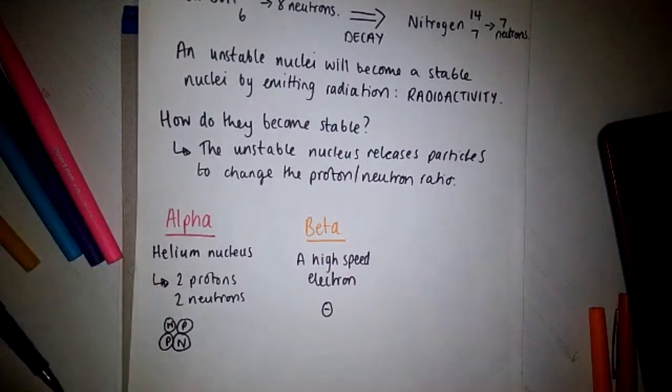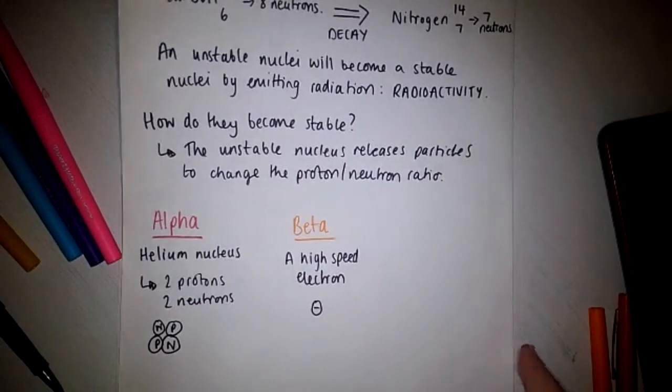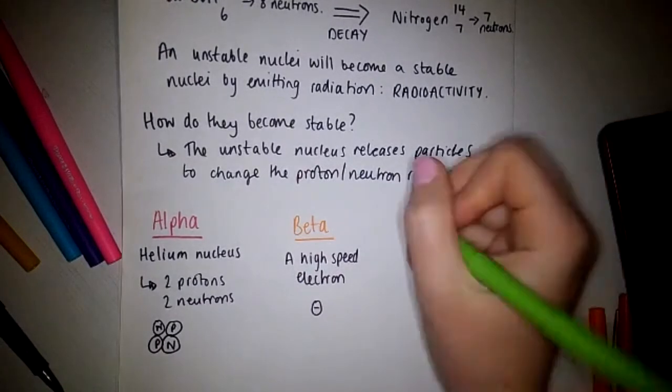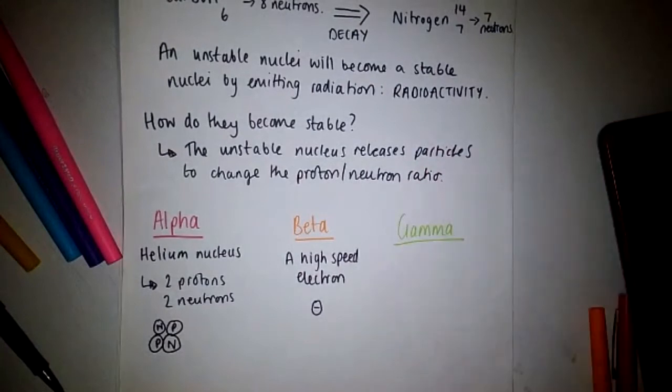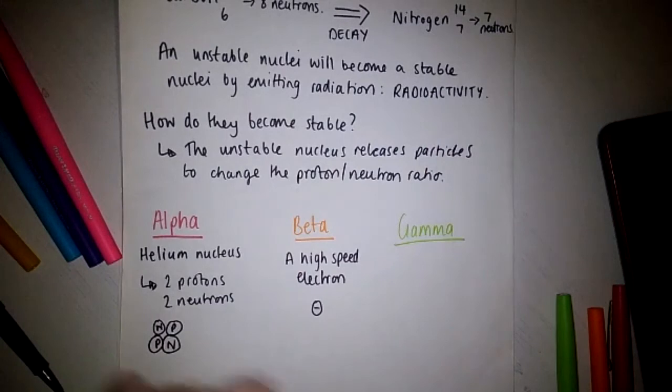And then lastly, and I'm not going to use a yellow pen because it inevitably won't show up, alpha, beta, and gamma. So our gamma, not a particle this time actually, but it's a wave.